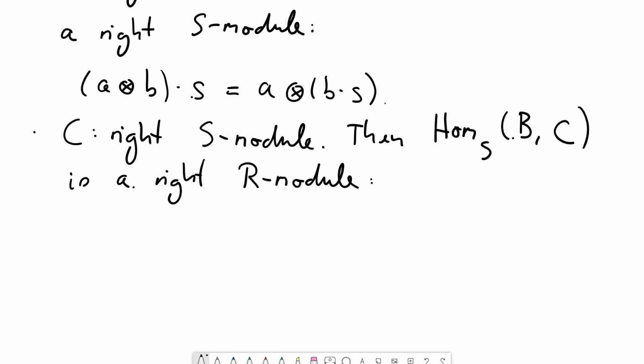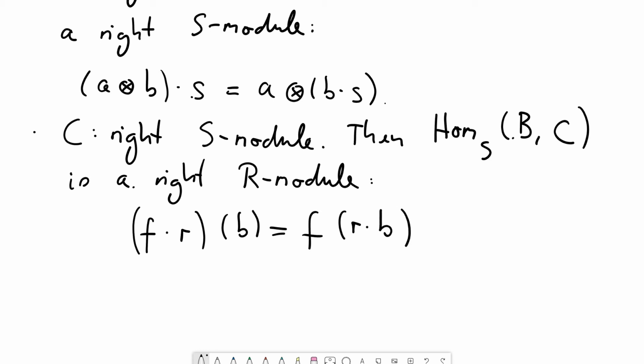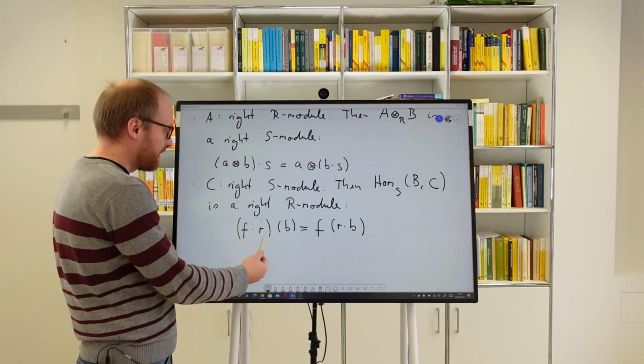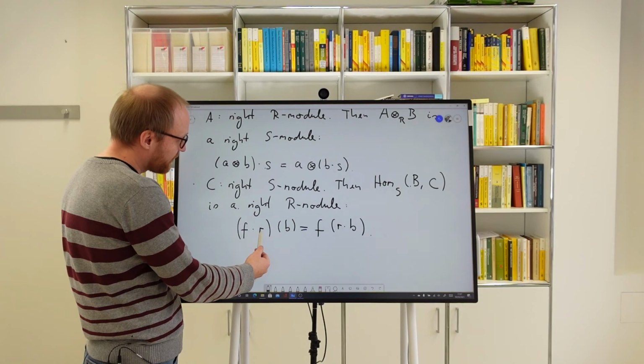So if I have a homomorphism F from B to C, and I want to multiply it now from the right with an element R from the ring R, then I can declare the new homomorphism that comes out here just by saying pointwise what it is. Namely, if I apply this new homomorphism to an element B of B, then I want this to be just F of R times B. And now you should convince yourself that this actually does define a right R module structure on this Hom set.